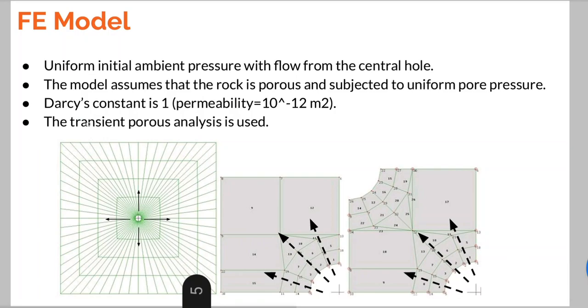As mentioned before, for the model within LISA, we need some input parameters, such as the Darcy constant, which was set equal to 1, and the transient porous analysis is used in LISA software.